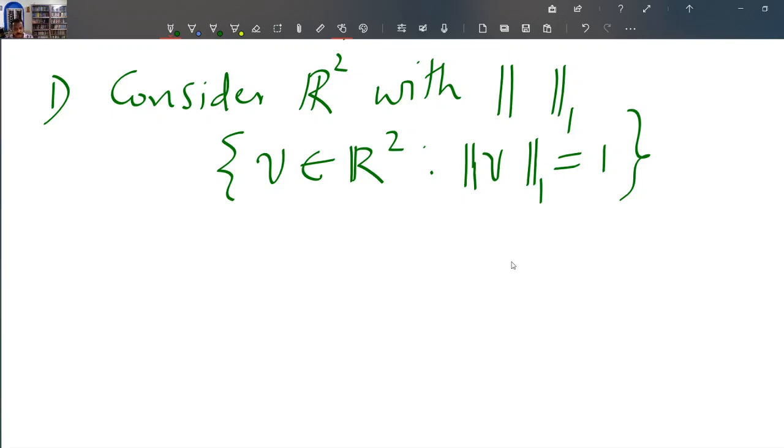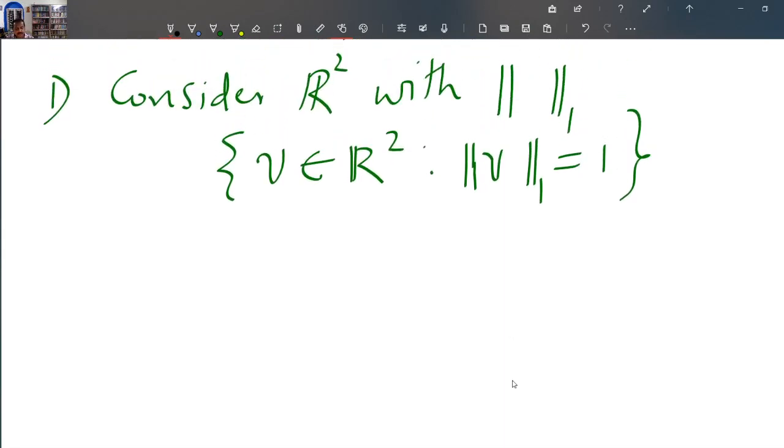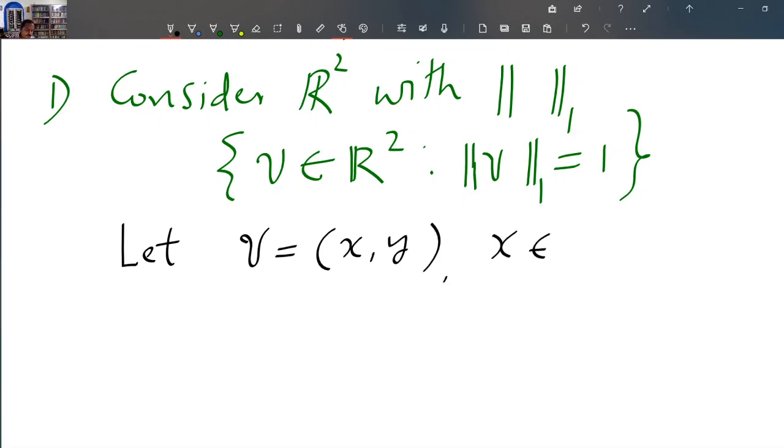Since v belongs to R^2, you let v be equal to some (x, y), where x belongs to [-1, 1] and y belongs to [-1, 1].